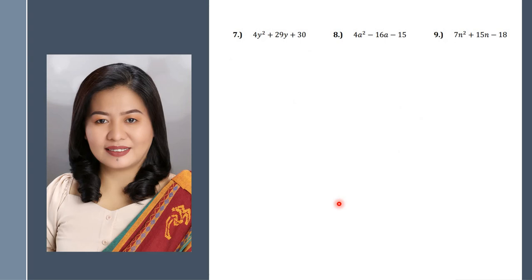Number 8. So 4 times 30, that is 120. So it's positive. So factors of 120 that give you 29. That's 12 and 10, only 22.